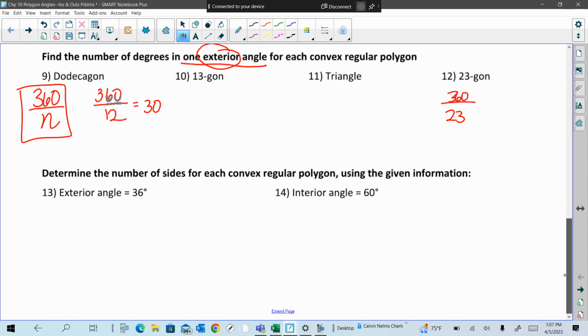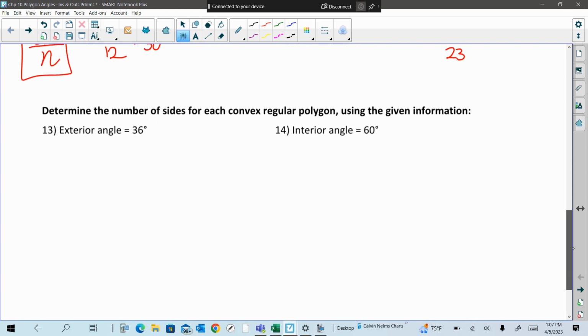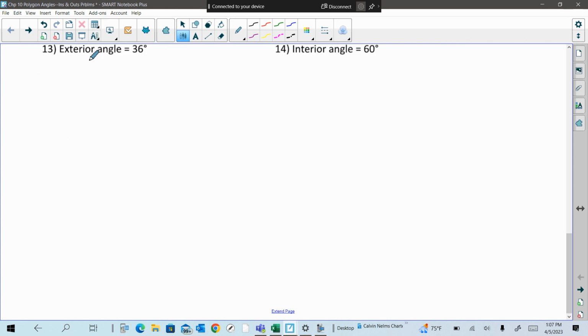Now, on this section, they want you to determine the number of sides for each convex regular polygon using the given information. So the information might change. If I want to find the number of sides and I have the exterior angle, since I know all exterior angles have a sum of 360, then all I have to do is say 360 divided by the exterior angle, whatever that angle is, and that will give me my number of sides.